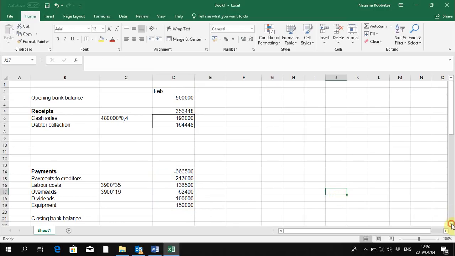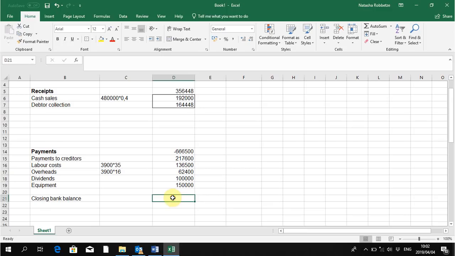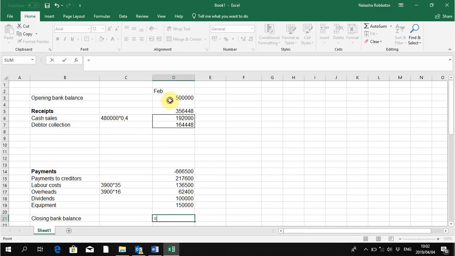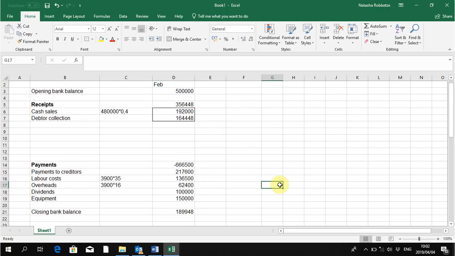And then I can calculate my closing bank balance, which will be the 500,000 opening balance plus the receipts minus the payments that we've calculated, and that leaves us with a closing bank balance of 189,948.